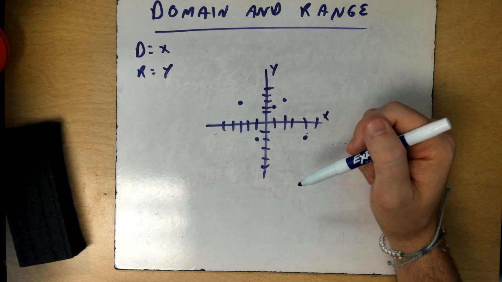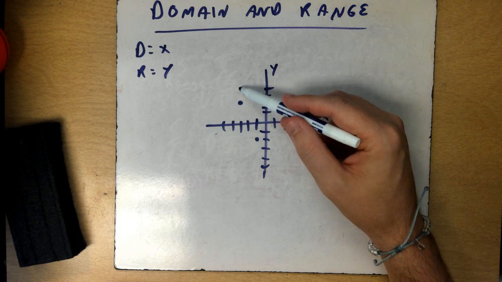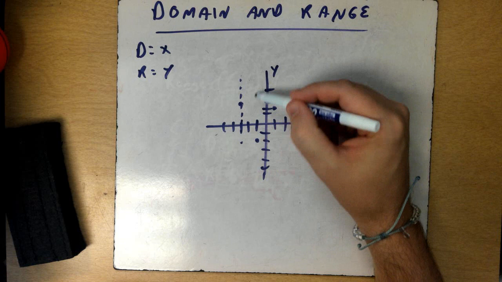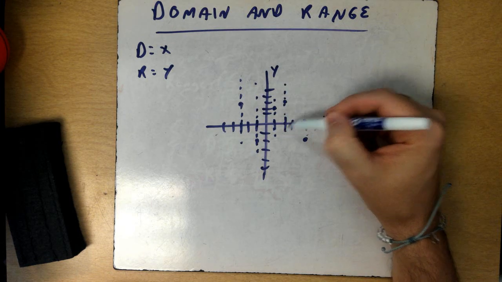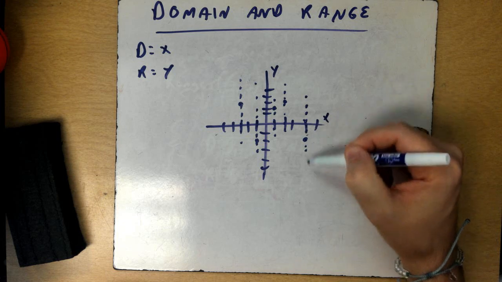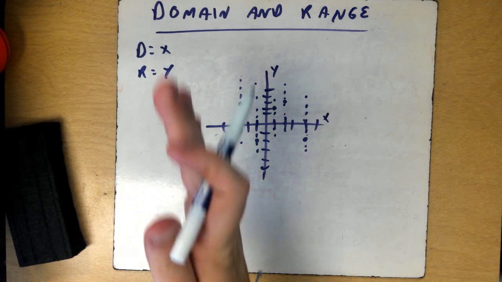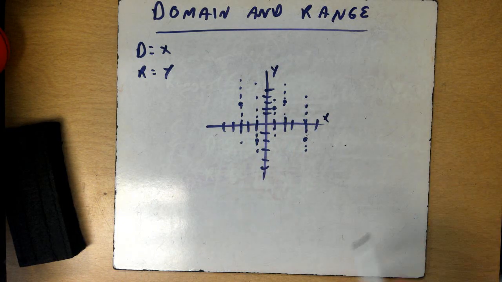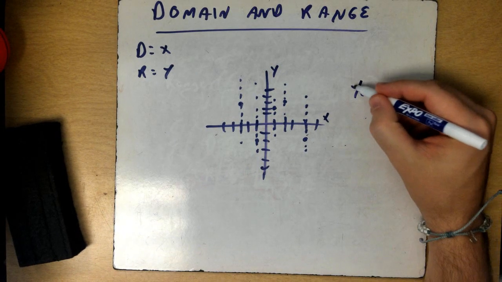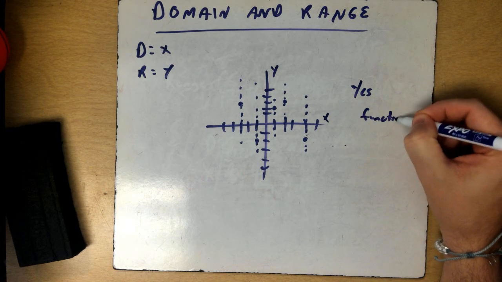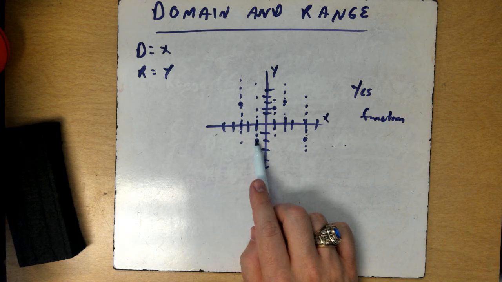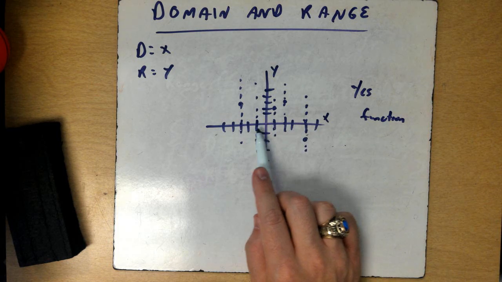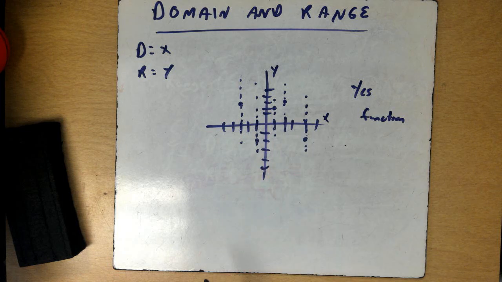If I draw a little dotted line between them, none of the points line up and down from each other. So yes, function. None of my x's repeat. They're all at different x points, so that's why it's a function.